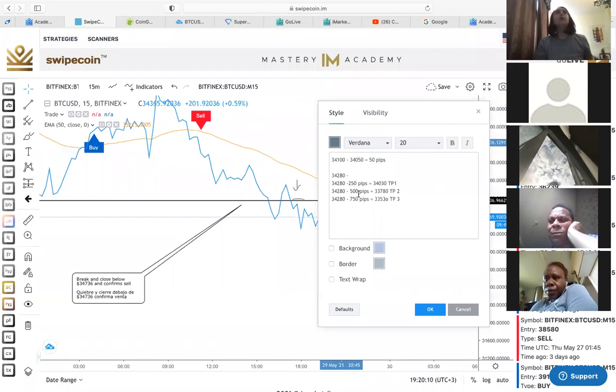If you're doing a buy, for example, and your first take profit is 400 pips, then your stop loss could be that 400 pips, because your risk to reward is still a 1-to-1. But you wouldn't want your stop loss to be 500 pips and your take profit 1 is only 400 pips, because you're now getting into a negative risk to reward. Does that make sense? Drop me some 7s if that makes sense.